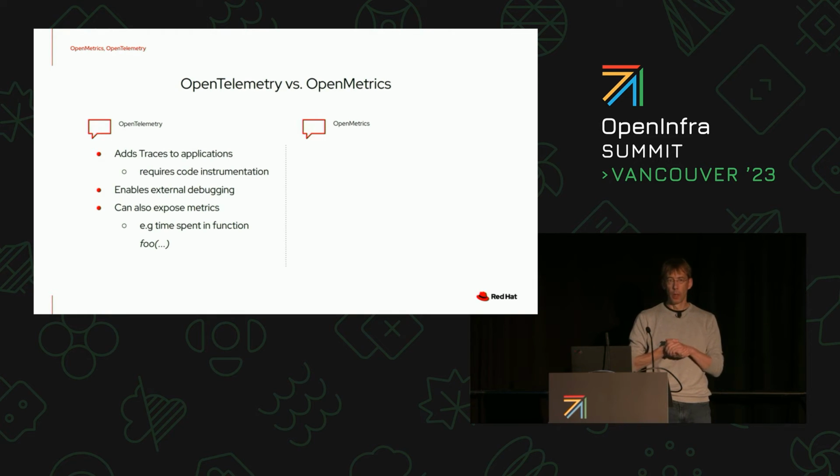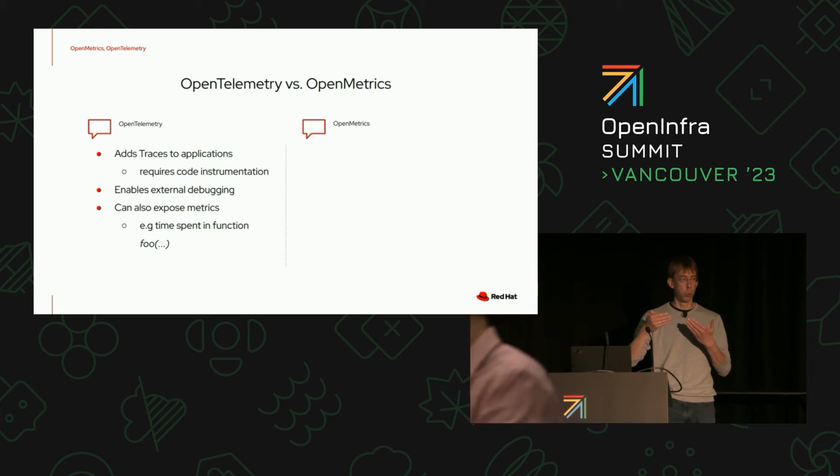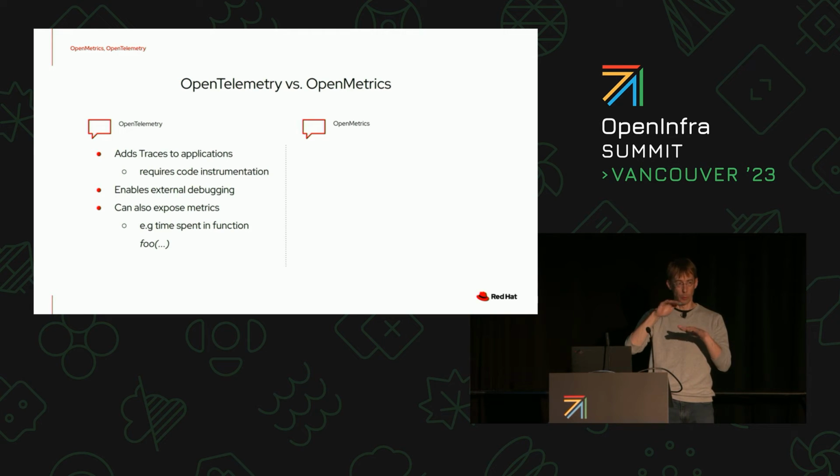OpenTelemetry, for example, could be used to debug things like what is going on, what's failing. If you think about, you have a customer that is complaining about the service being slow. And then the question is, what do you do? You typically go there and SSH and see what's going on.